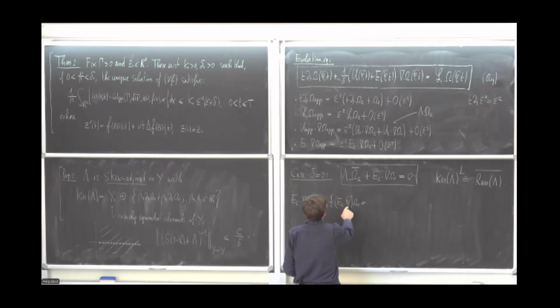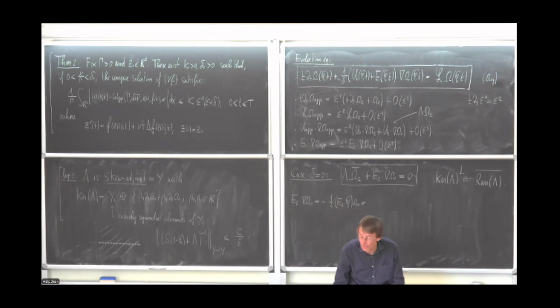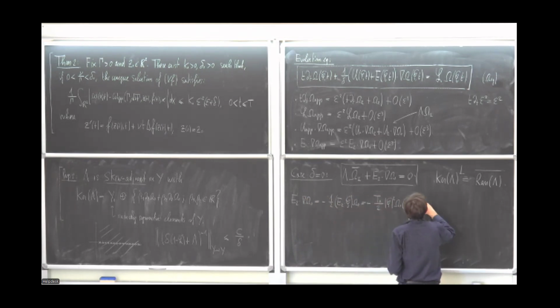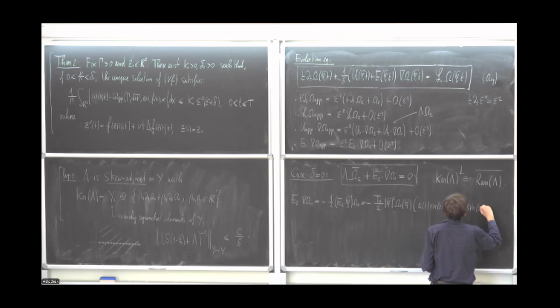So if I take the scalar product with this psi, this is something which is quadratic in psi with the first order derivative as coefficient. So we find that it is minus 1 half psi squared omega 0 of psi, times A of t cos 2 theta plus B of t sine 2 theta.